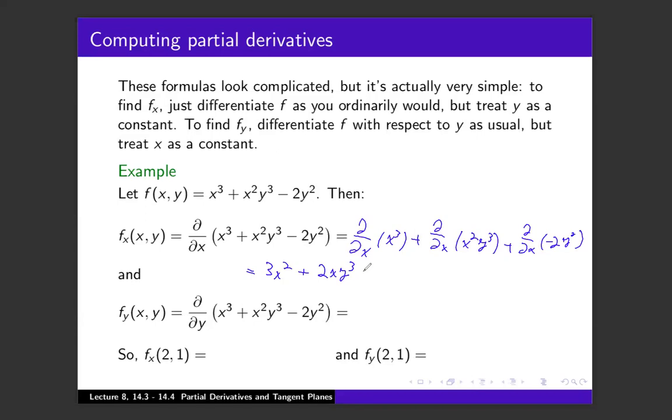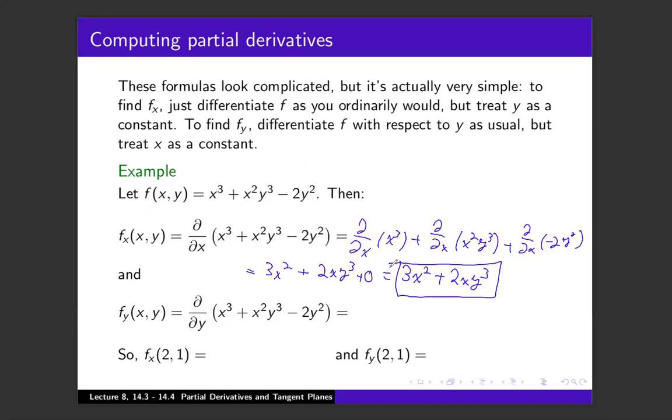But again, y is constant, so negative 2y squared is constant, so that just becomes del x of 0. So plus 0. The whole thing comes out to 3x squared plus 2x y cubed. That's our final answer. There's our final answer for what that partial derivative is.